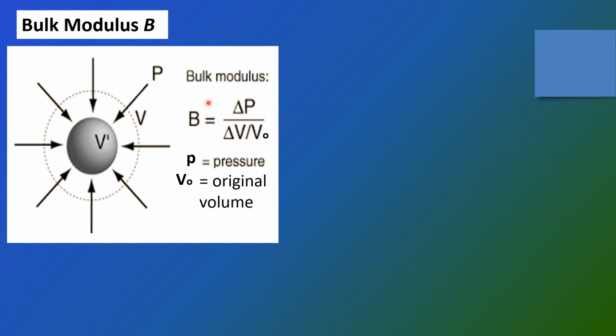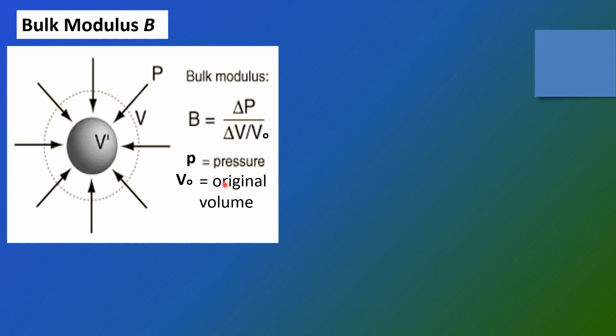If you are going to divide the amount of the change in the pressure by the ratio of the change in the volume delta V to the original volume V, then we are defining another kind of modulus. We call it the bulk modulus, denoted by capital letter B.